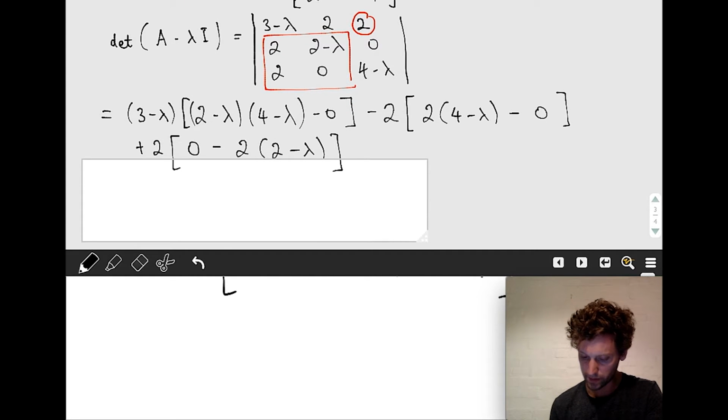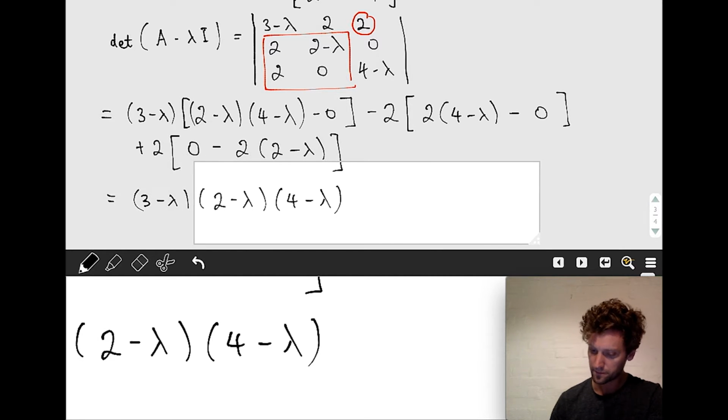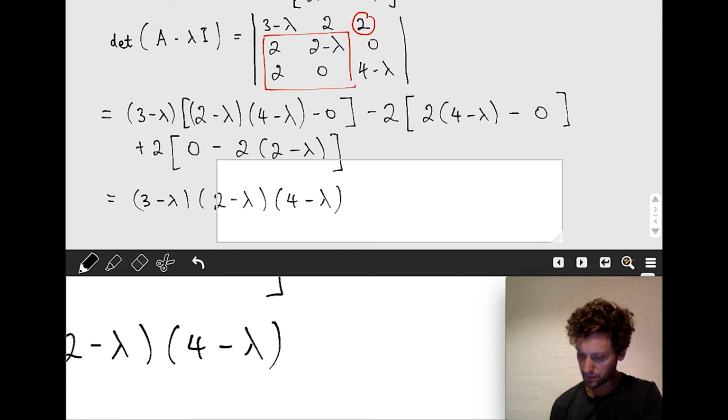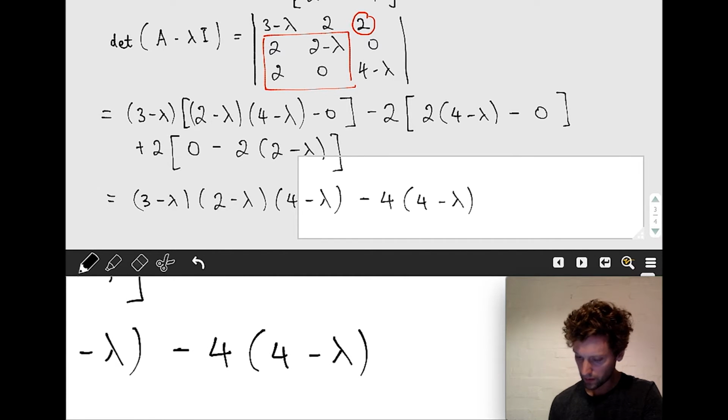Before we start multiplying out that first term, let's keep all those factors there: 2 minus lambda, 4 minus lambda. Let's take a look at the next two terms. So we've got minus 4 times 4 minus lambda minus 4 times 2 minus lambda.